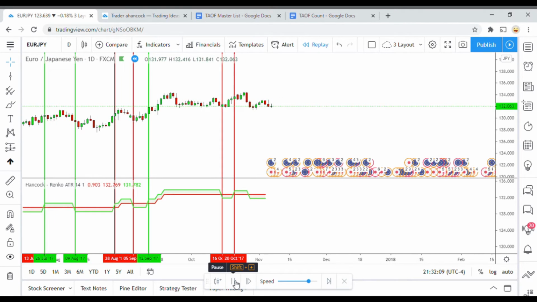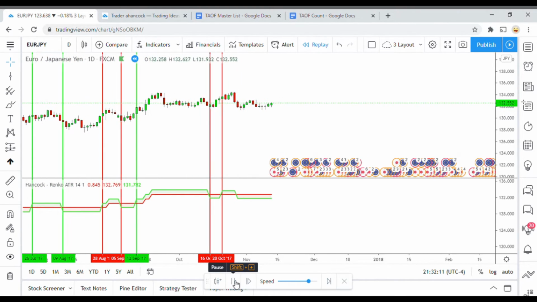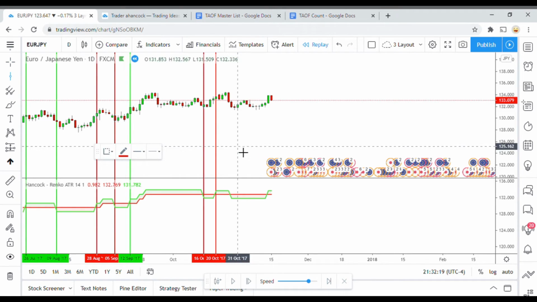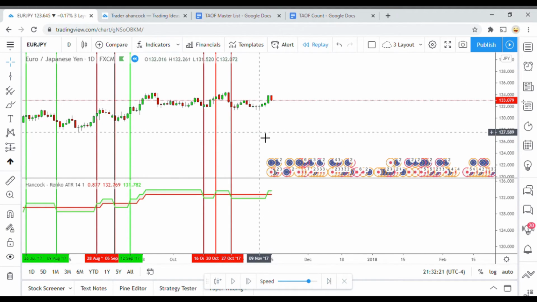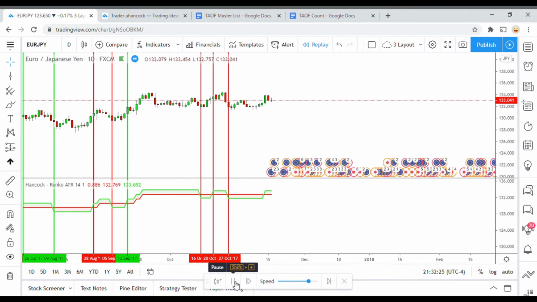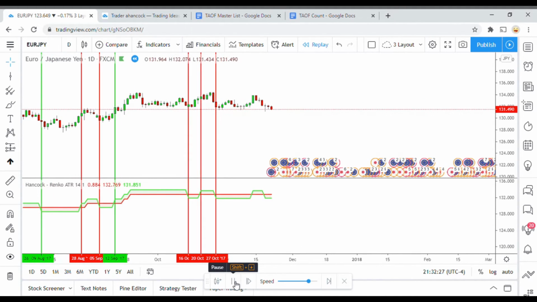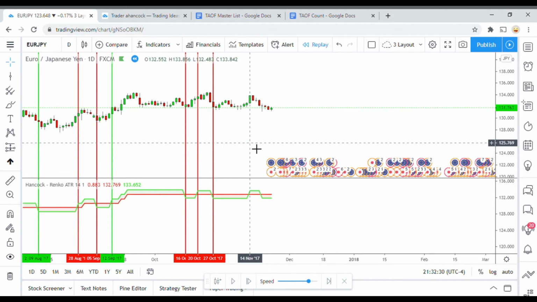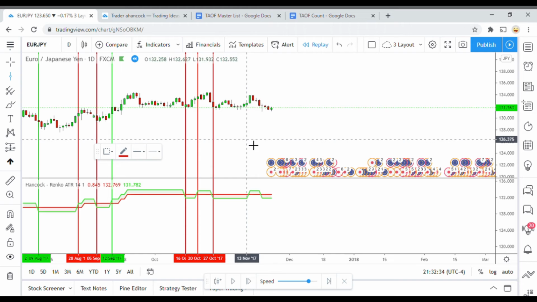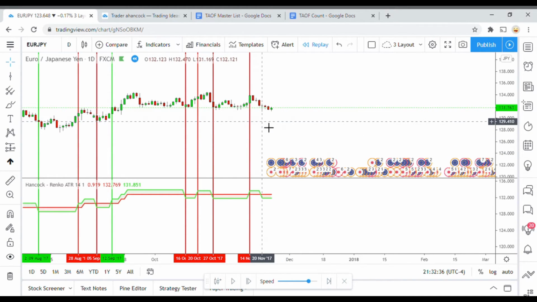Let's see if it'll start going down now. Just bouncing along, ranging along in this area. Short right there. Don't think this long is going to work out for us. It did not.